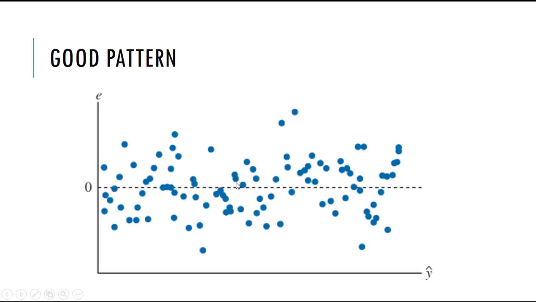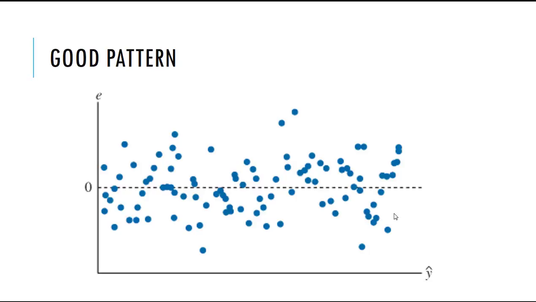And there doesn't appear to be any issues with the variance, which means that the differences between the highs and lows don't seem to vary as we look through these different parts of all the y hats. So this looks like a good pattern.